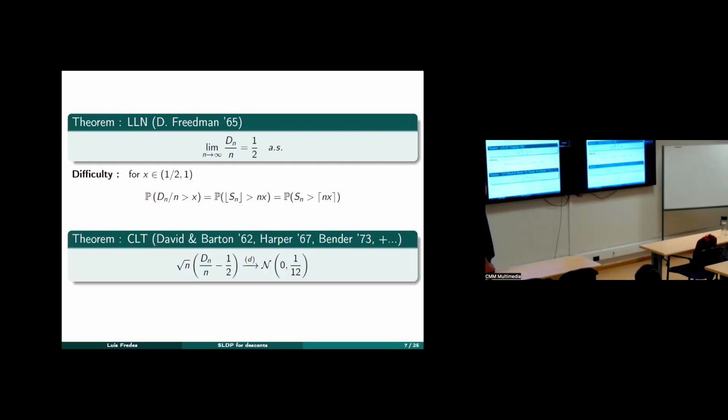There is also a central limit theorem. I could find at least 8 references for that, so I put them in the chronological order that I found. So the central limit theorem says that dn centered, multiplied by the square root of the variance, converges to a normal random variable, and we have the description of the variance in the limit.